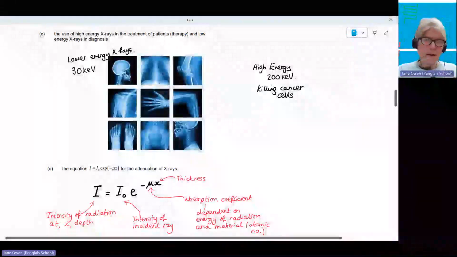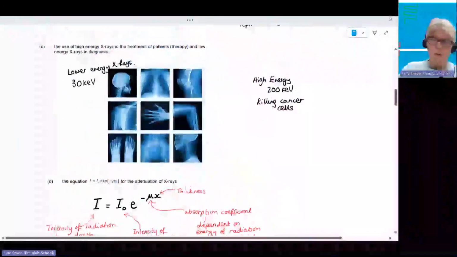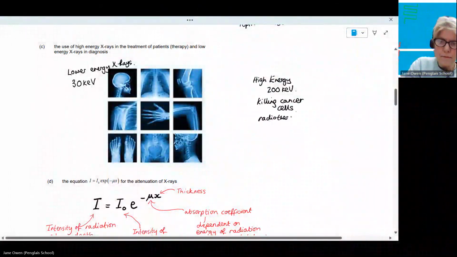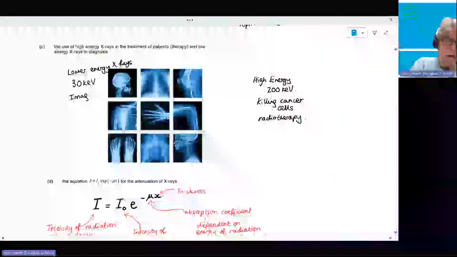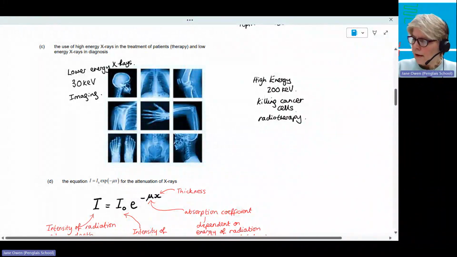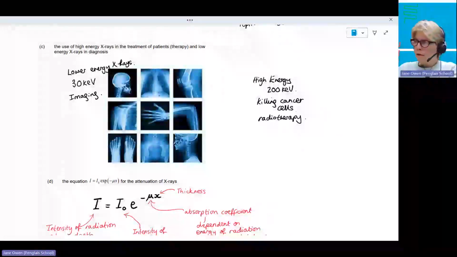So that's for radiotherapy there, and imaging here for lower energy. Now you can see that bone absorbs 8 times more than soft tissue.